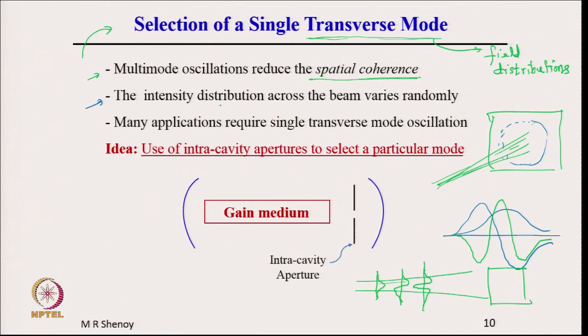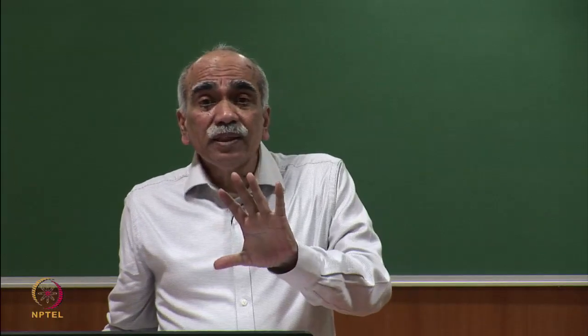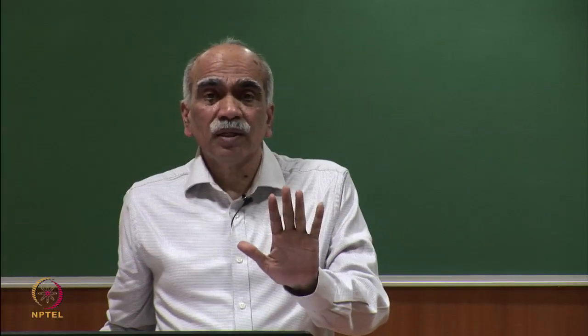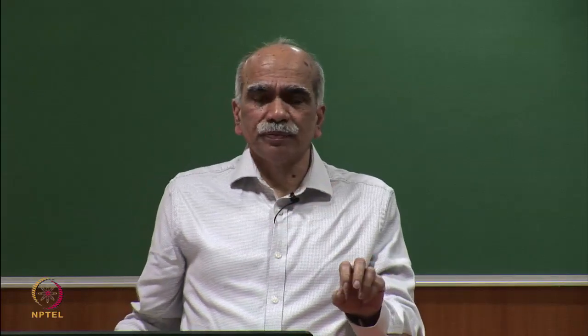So, the intensity distribution across the beam varies randomly, and in many applications we do not want this, and we require a single transverse mode of oscillation. Just like a single frequency was required, there are applications where you would like to have a single transverse mode, so that the intensity distribution does not vary with time or from position to position.